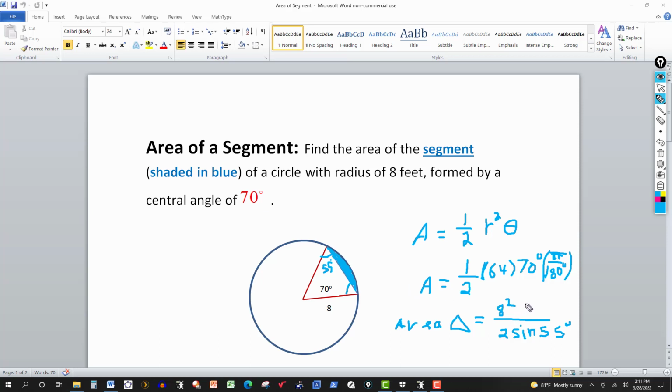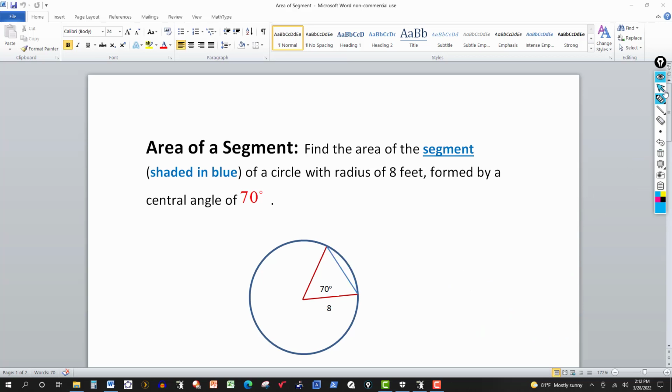So it's another 55, so the sine of 55 degrees, and also times the sine of 70 degrees. You compute this out, and that gives you the area of the triangle. With the area of the sector, you subtract those two areas, and that gives you the information that we need.